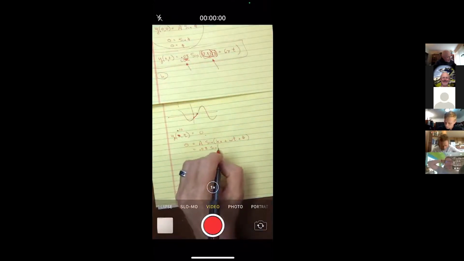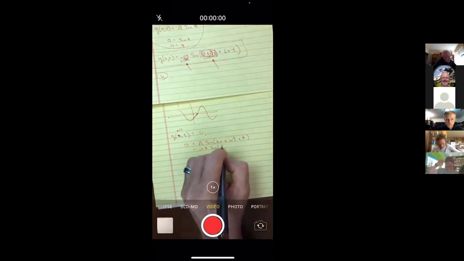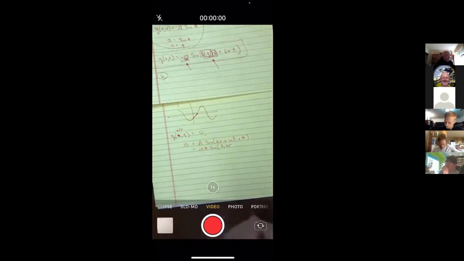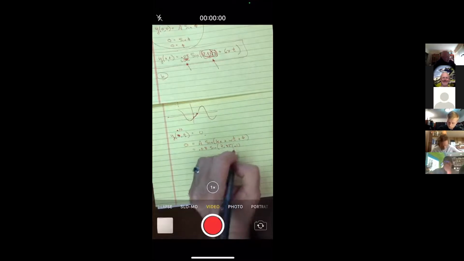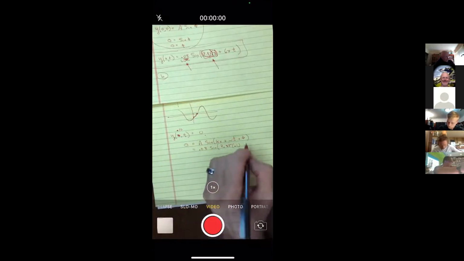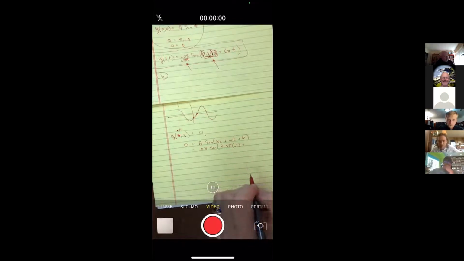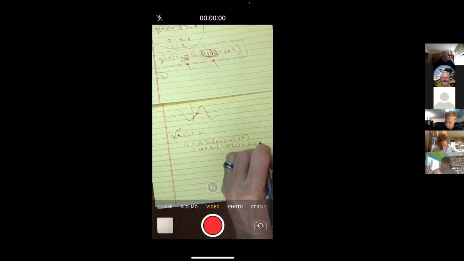Then I have the sine. The k value, the angular wave number, is 7.85. The x is 0.1. The time is 0. And then we have a phase.